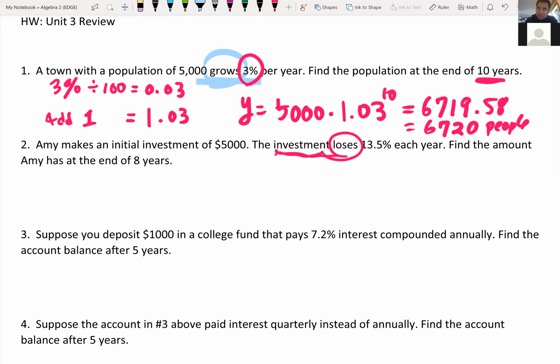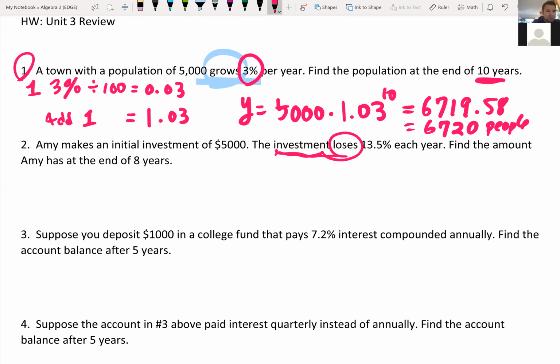If you're losing 13.5%, you don't want to keep losing for 8 years, but let's say you just left it in the account. Maybe you forgot about it and it's losing 8 years in consecutive years. What happens? So when it loses, let's go over. What do we have to do? What's the step? Okay, so number 1 was growing, and this is the step.